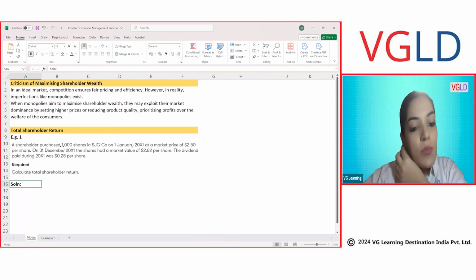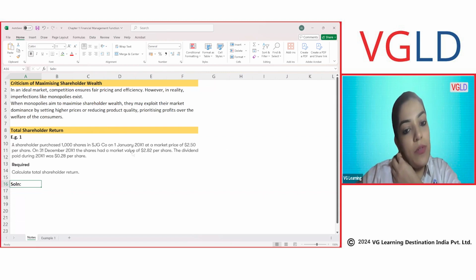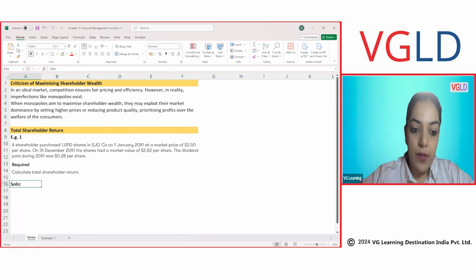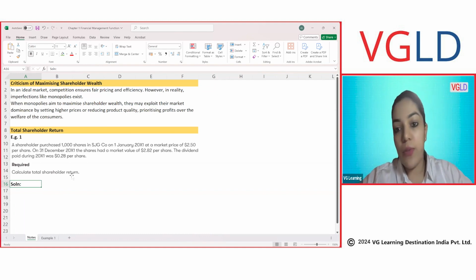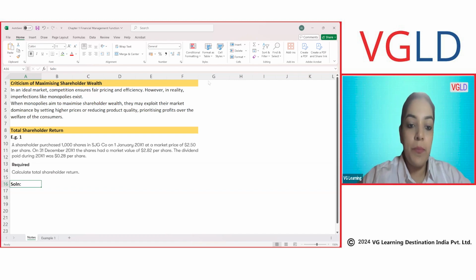A shareholder purchased 1,000 shares in SJG company on 1st January at a market price of 2.5. The share price at year end was a market value of 2.82 per share. The dividend paid during the year was 0.28 per share. Calculate total shareholder return. Quickly, giving you 2 minutes. Everyone solve and let me know. Everyone, please do try, okay? Don't sit idle.